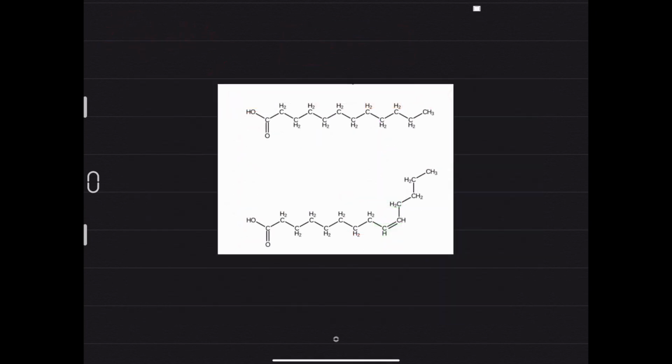And I want you to type the answer back to me in Teams so I can just quickly check that you are following this through. We have two molecules here, and we're going to label this one as A, and we'll label this one as B. I want you to tell me or identify the unsaturated fatty acid and the saturated fatty acid.